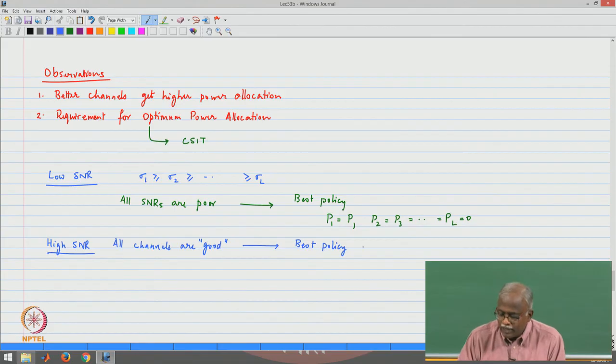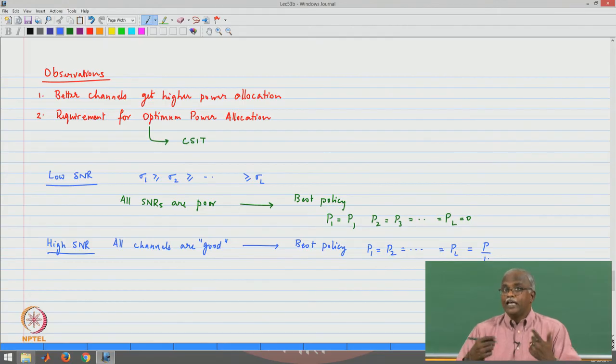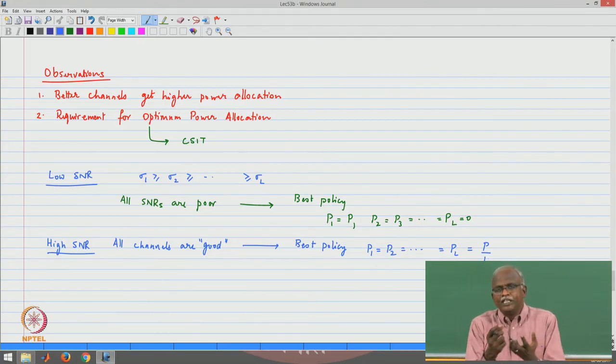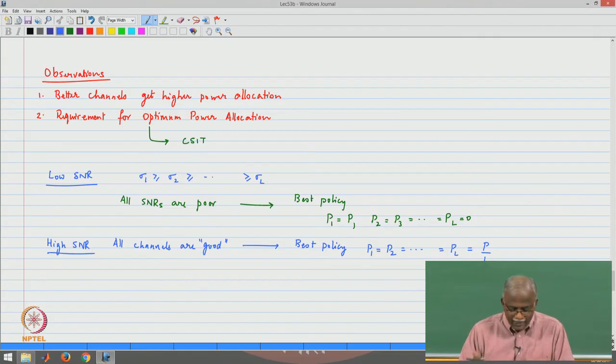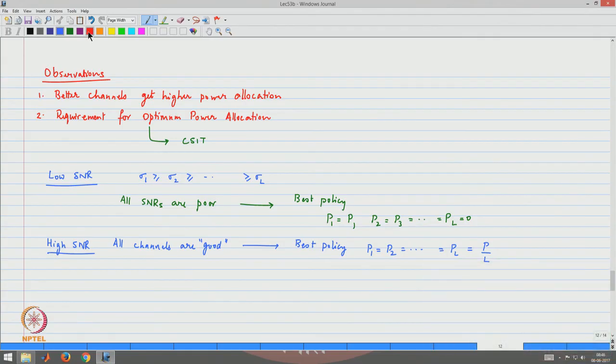You get equally good performance when you set P1 equal to P2 equal to PL equal to P over L. You allocate equal power. In other words, we need not try to fine tune and achieve minor differences between the channels, because all of them are good, just give them equal power, and so this would be the equal power allocation strategy.